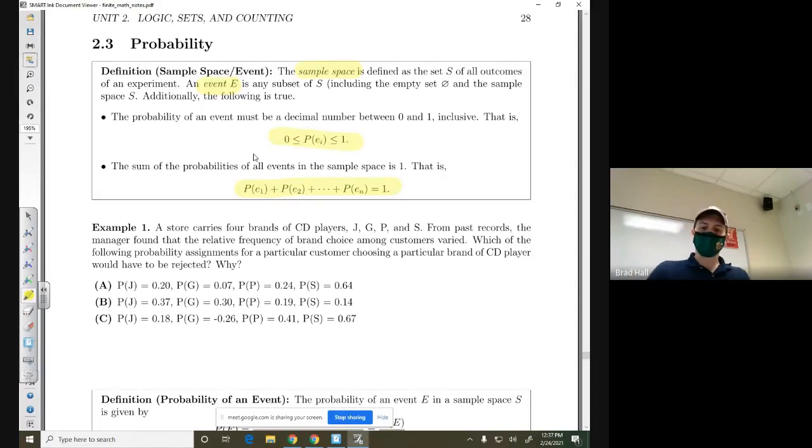So as I look at all of these, one thing that immediately catches my attention is this value right here in the listing in C. Probability cannot be negative. So C cannot be an adequate listing.